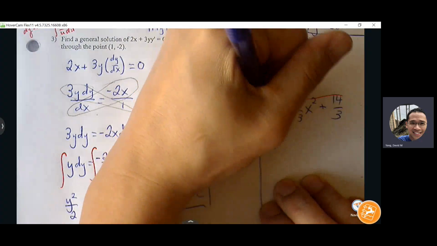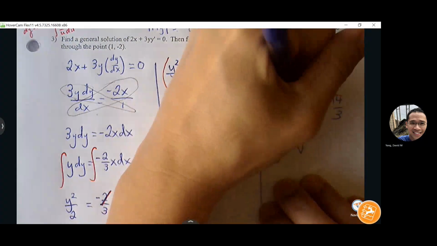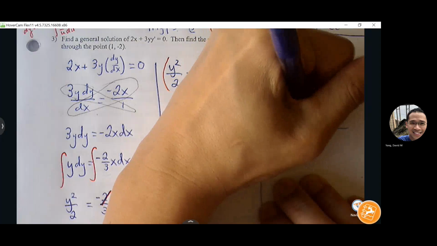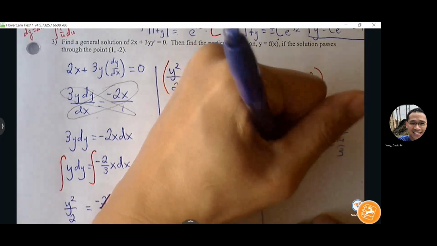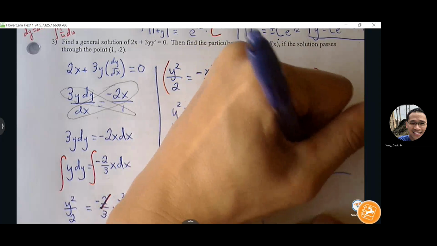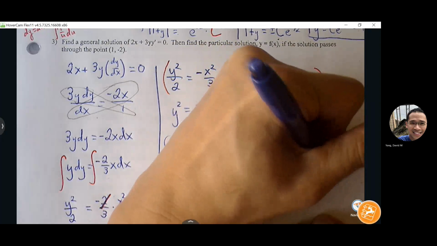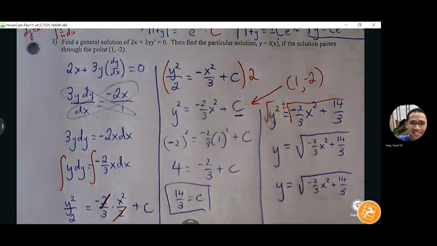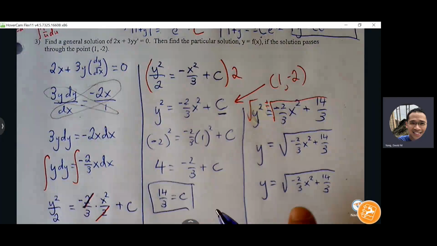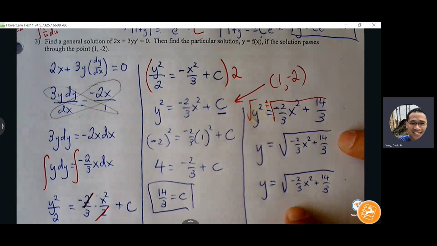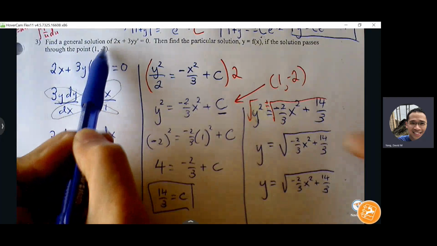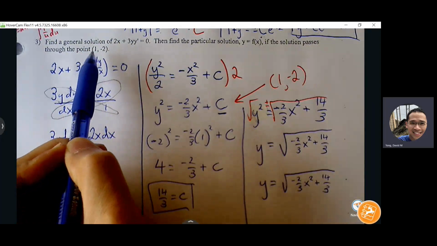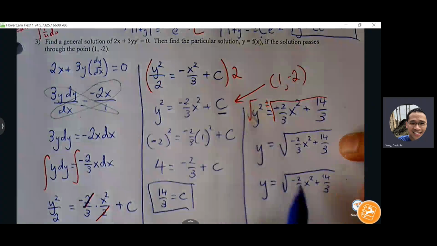So what I want us to understand is that these are two separate solutions, but we want the solution that has this ordered pair as part of the curve. So we only want to choose the one that is part of the curve. One is the positive, the other is negative.